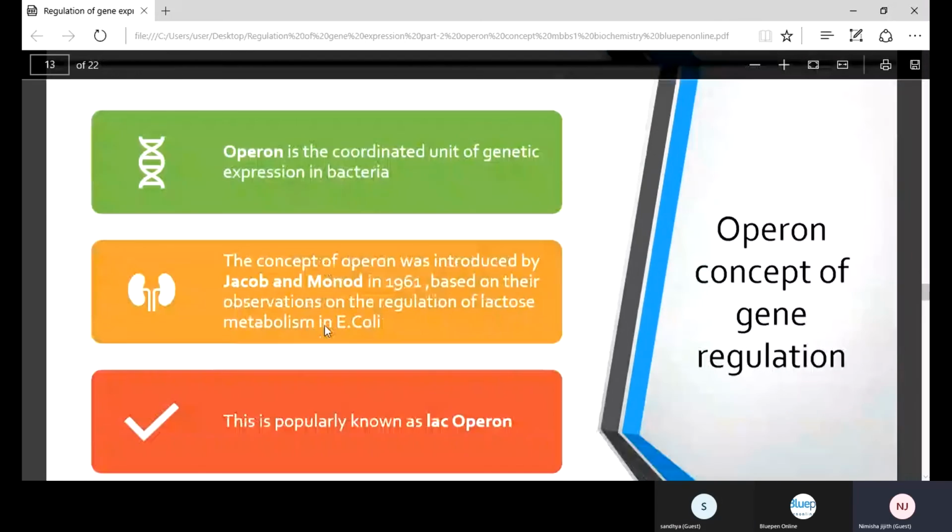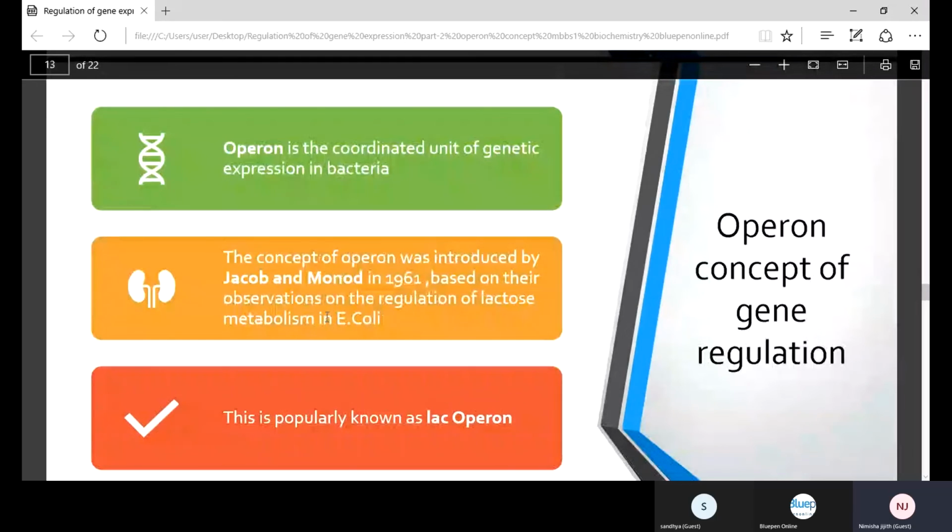Then next is operon. What is operon? We discussed the operon concept in prokaryotes, like replication, transcription and translation, which are almost similar in eukaryotes. Operon is the coordinated unit of genetic expression in bacteria. The concept of operon was introduced by Jacob and Monod in 1961.